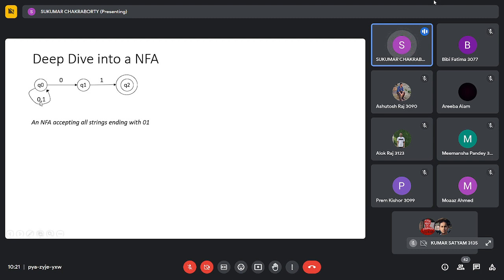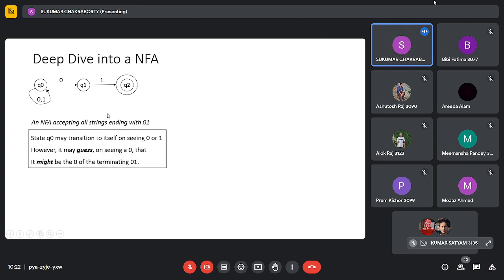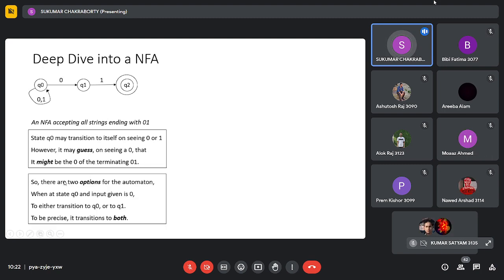So this is an example of a very simple non-deterministic finite automata. Now let us see some highlights. State Q0 may transition to itself on seeing 0 or 1. However, it may guess on seeing a 0 that it might be the 0 of the terminating 0 1. So there are two options for the automaton when at state Q0 and input given is 0: to transition to Q0 or to Q1.